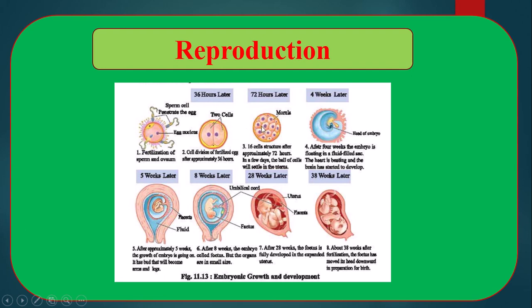When it converts into 16 cells it is called morula, then blastula, then gastrula, then embryo development, and finally after 38 weeks to 40 weeks the children are driven out from the mother body.